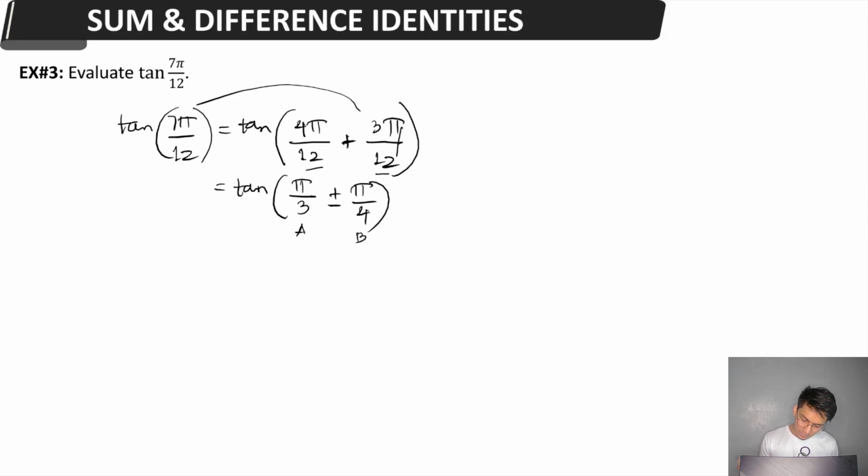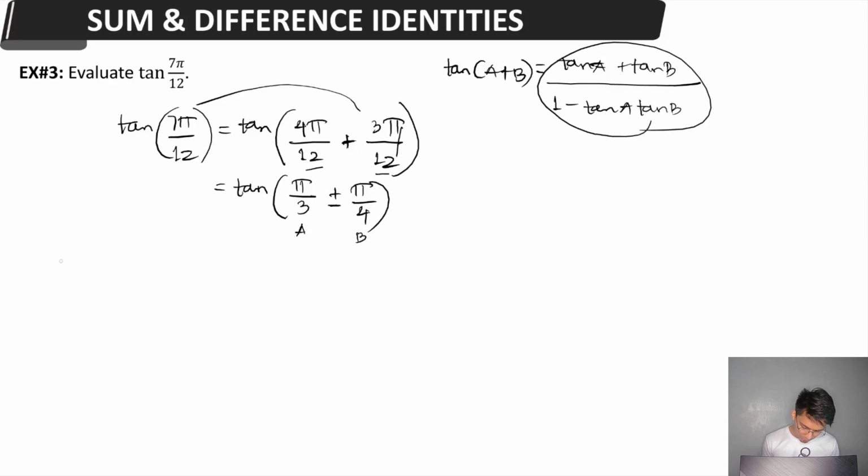And for the sum identity of tangent function, we have tangent of A plus B is equal to tangent A plus tangent B over 1 minus tangent A times tangent B. Ito ang gagamitin natin ngayon. Sulat natin dito.